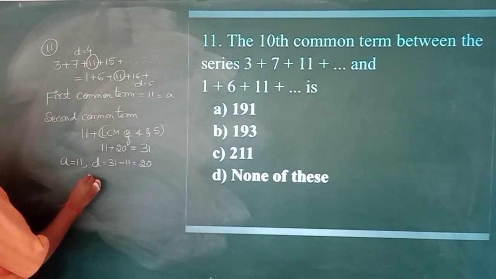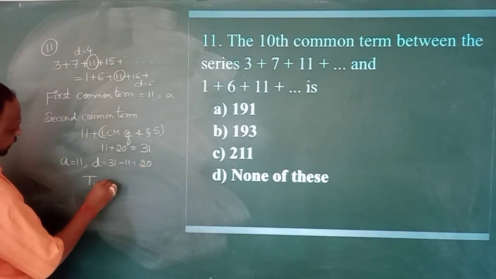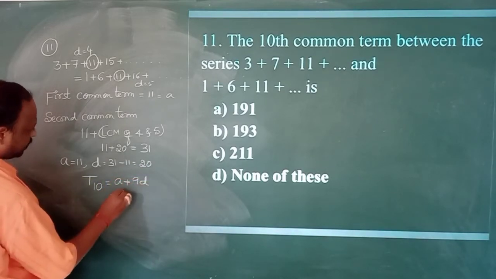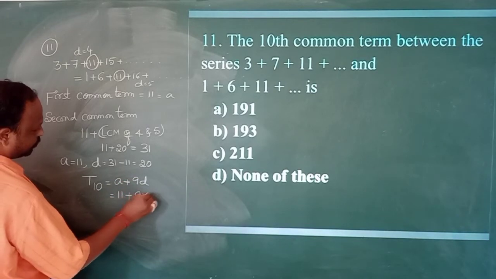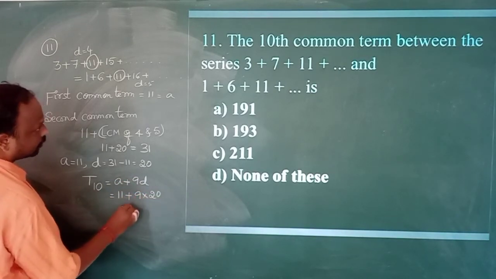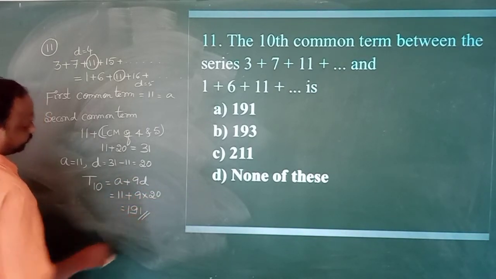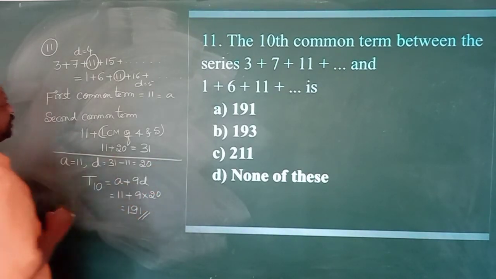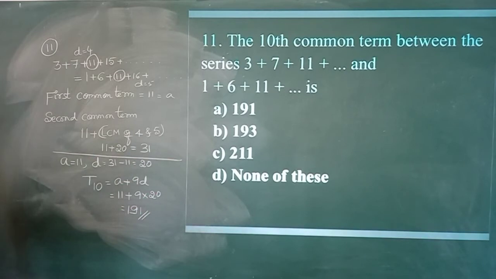They are asking the 10th common term. T10 is equal to a plus 9d, 11 plus 9 into 20, 191. I will repeat once again. Here they have given two series. The first common term is 11.